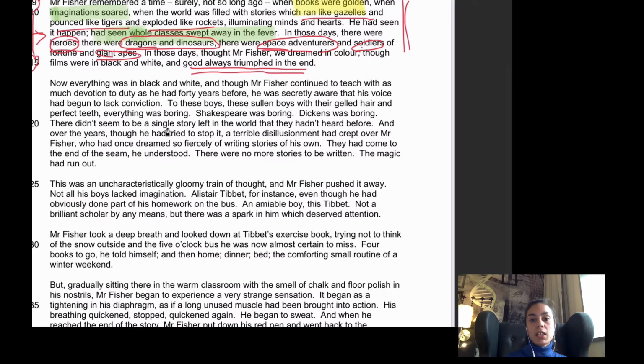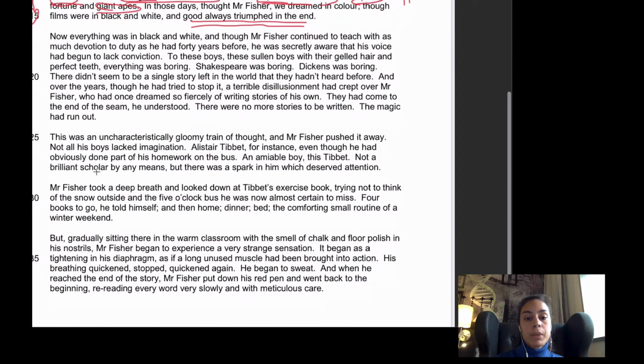There didn't seem to be a single story left in the world that they hadn't heard before, and over the years, though he had tried to stop it, a terrible disillusionment had crept over Mr. Fisher, who had once dreamed so fiercely of writing stories of his own. They had come to the end of the seam, he understood. There were no more stories to be written. The magic had run out.